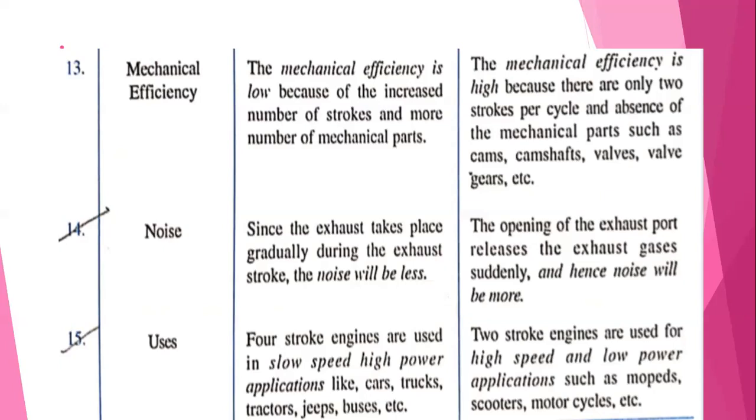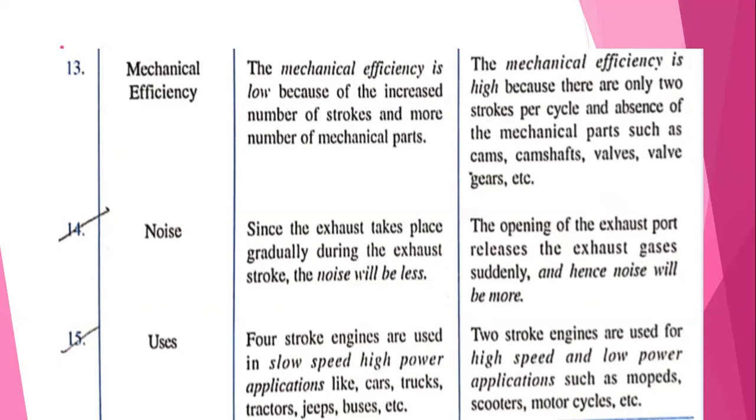In the meantime, exhaust the burnt gases, or expel the burnt gases from the engine. That is nothing but filling the engine cylinder with the fresh charge. Fresh charge means air and petrol.